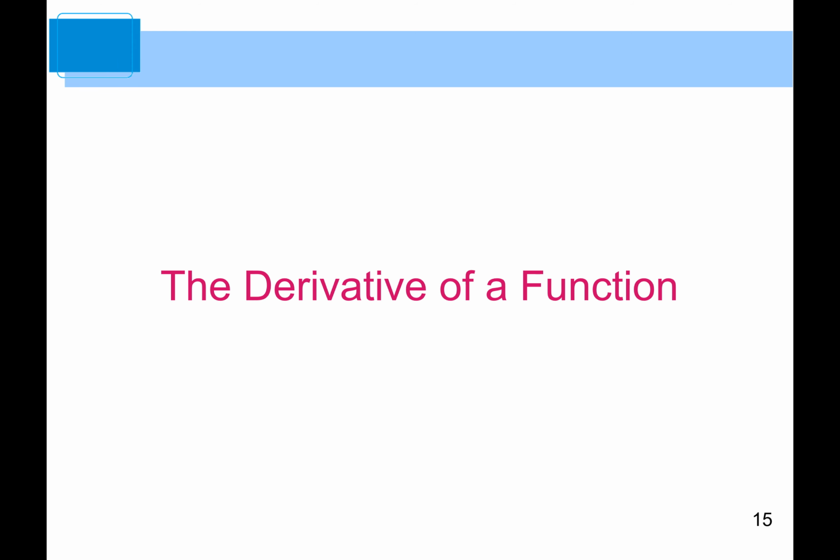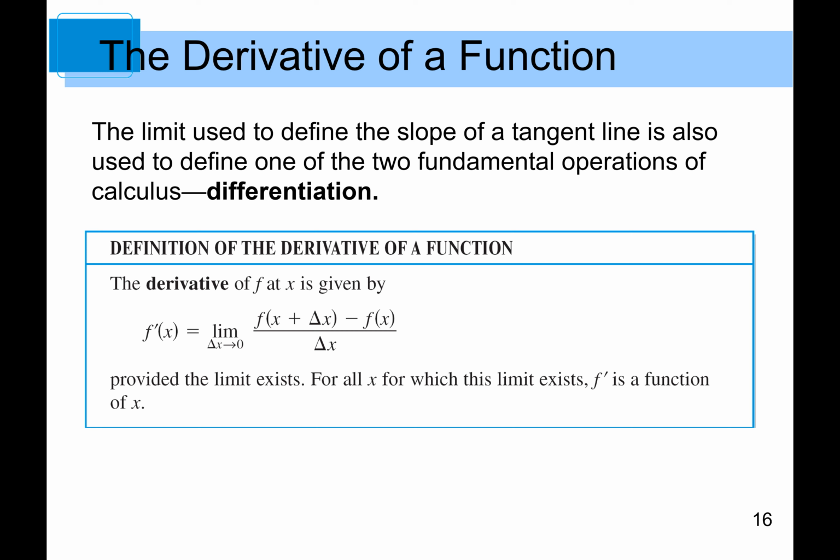So let's take a look at the definition of the derivative of a function. The limit used to define the slope of a tangent line is also used to define one of the two fundamental operations of calculus, differentiation. The derivative of f at x is defined by a limit. F prime of x represents the derivative of f of x.